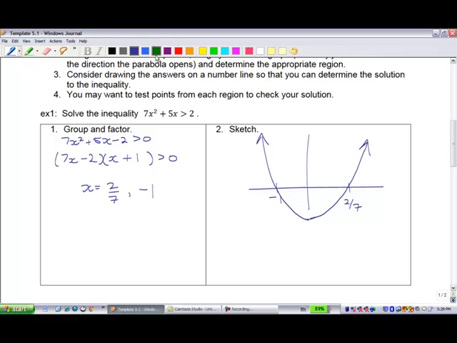Now, if we want to determine the region here, I want the parabola, 7x squared plus 5x minus 2, to be greater than 0. So where is it above the 0 line, which is the x-axis? It's the region outside of the negative 1 and outside of the 2/7.